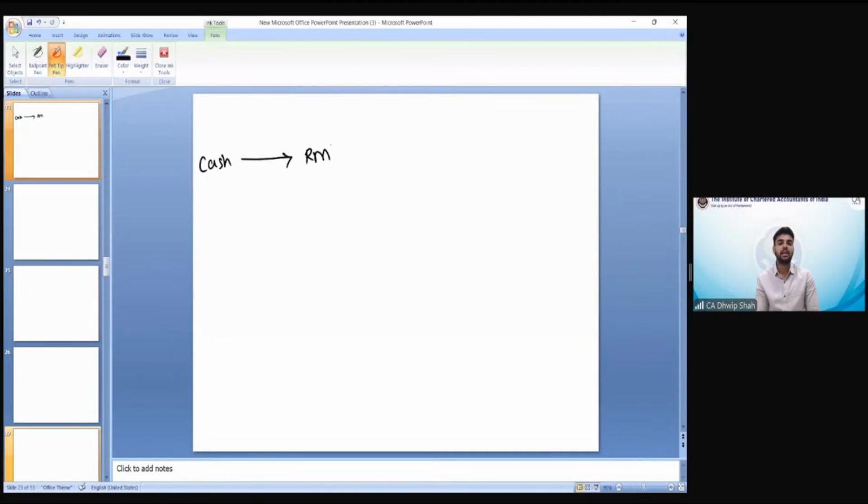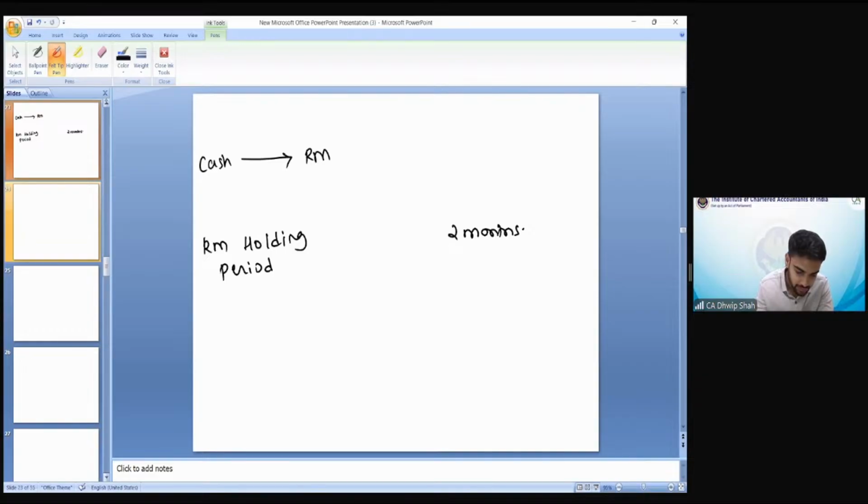Correct? And I'm holding this raw material for 2 months. My RM holding period is 2 months. So can I say for the next 2 months, I will not get this cash back as of now. Correct? Yes or no? So as of now, I can clearly see that my cash is getting blocked for 2 months. 2 month तक तो मुझे पैसा वापस मिलेगा ही नहीं. Yes or no? Any doubts still here?